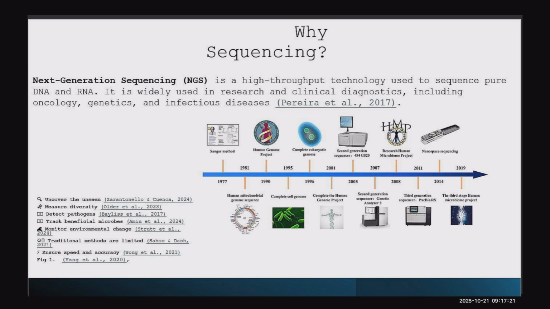And in 2005, we got next generation sequencing technologies. For this part, actually, the second generation, mostly Illumina, is the dominant one right now. But that can only sequence short sequences.